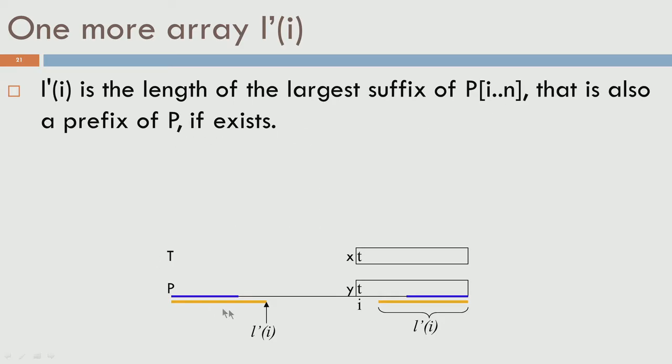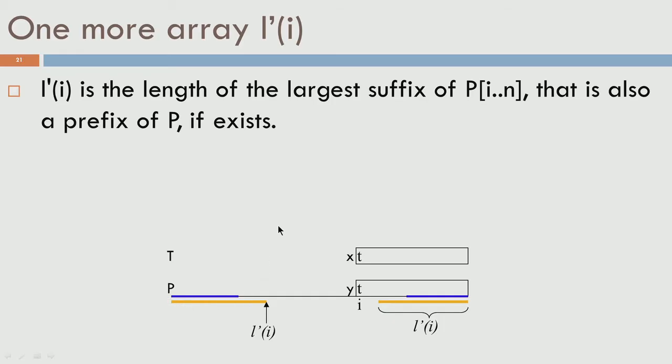So, let us just look at this picture. This is the part which is matched and there is a mismatch here. This is what we have been discussing so far. Now, L prime of I is a suffix of this particular pattern which is p of I to n, and L prime of I is the length of this portion which also satisfies the property that it is a prefix of the string.